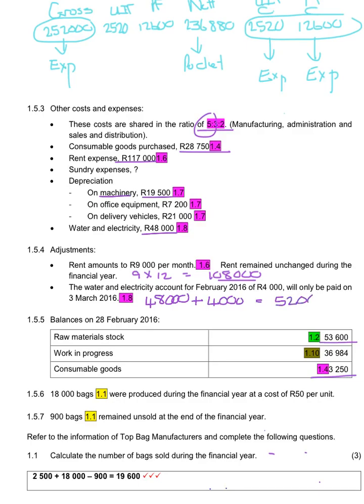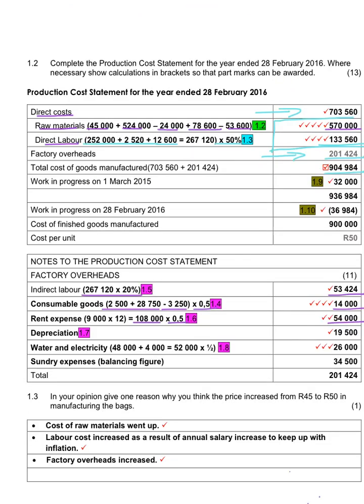So although we haven't paid the 4,000, we will have to show the expense as 52,000 and take 50% of that amount as overheads. I will show the depreciation only on the machinery, and on the 52,000 I will show that 26,000 is for factory overheads.